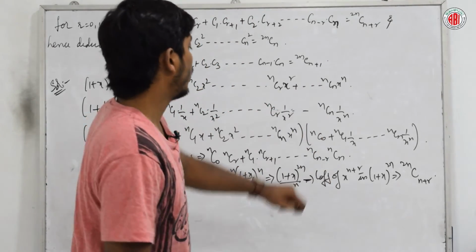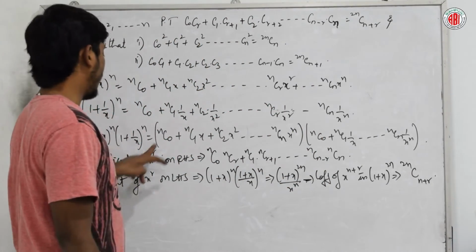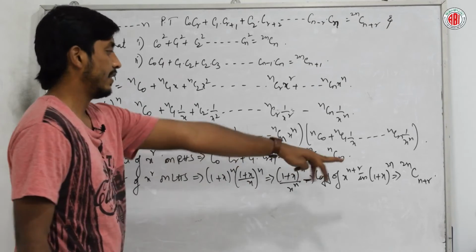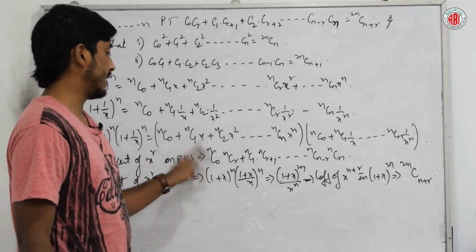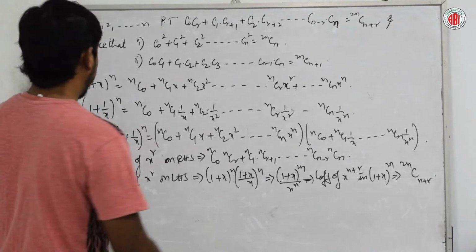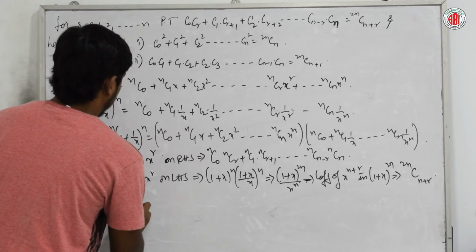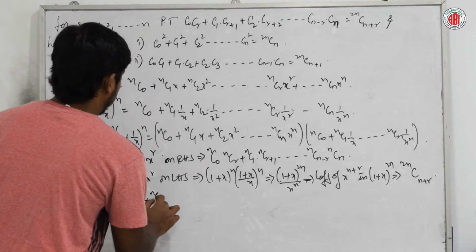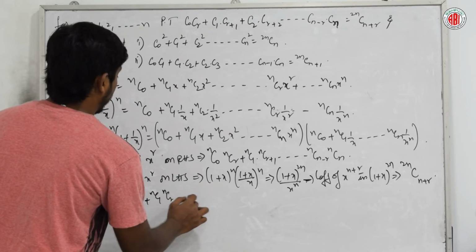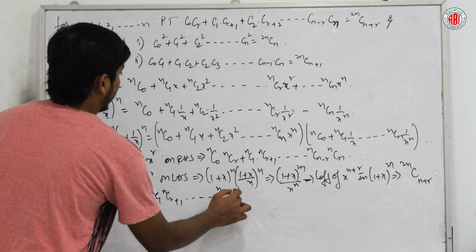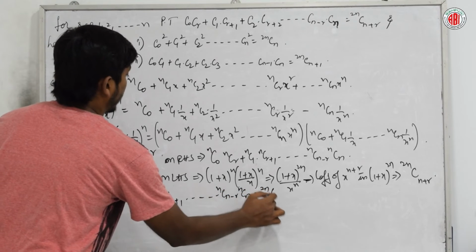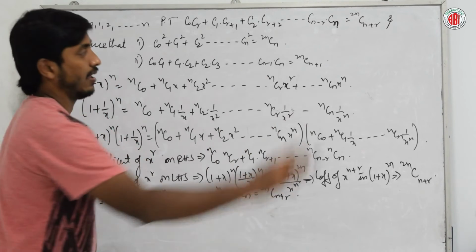Clear? So the coefficient of x power r on left side is this and the coefficient on right side is this. So therefore we can write nc0 ncr plus nc1 ncr plus 1 and so on up to ncn minus r into ncn is equal to 2n c n plus r.